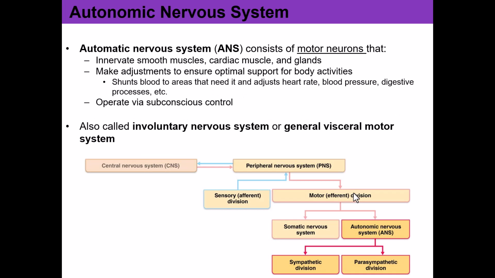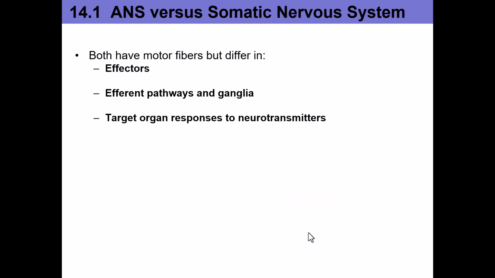So let me go back here, there are actually two motor divisions in the peripheral nervous system. The somatic nervous system, and that deals with motor information going to skeletal muscles. And then we have the autonomic nervous system, which is dealing with different types of effectors, and I'll talk about those in a minute.